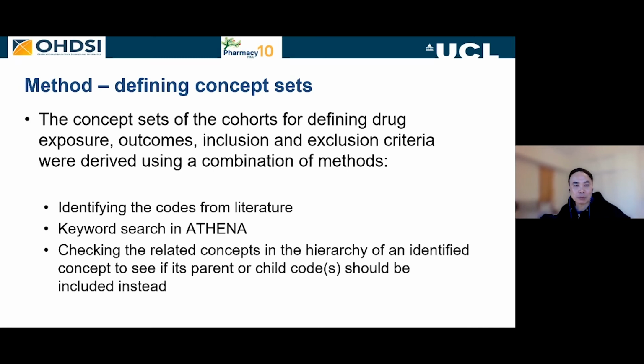We defined the concept sets. The concept sets of the cohorts for defining drug exposure, outcomes, and inclusion and exclusion criteria were derived using a combination of methods. We identify the codes from the literature, and we use keyword search in Athena. We also check the related concepts in the hierarchy of the identified concept to see if parent or child codes should be included instead.